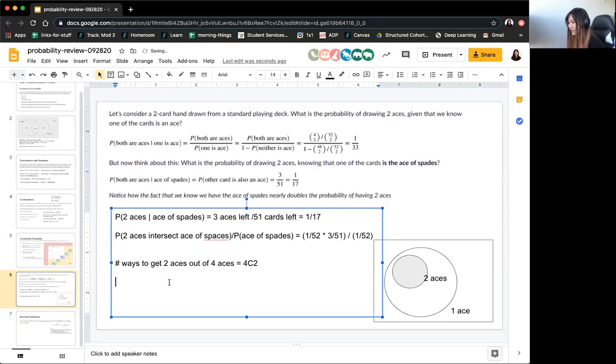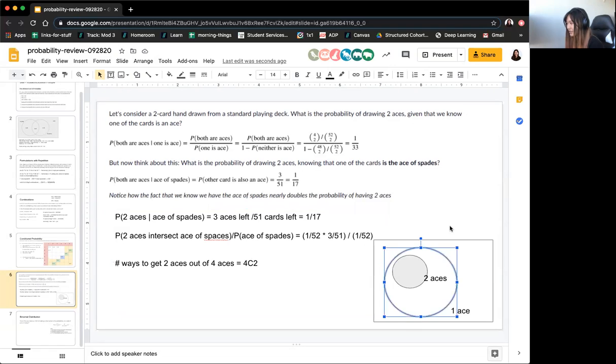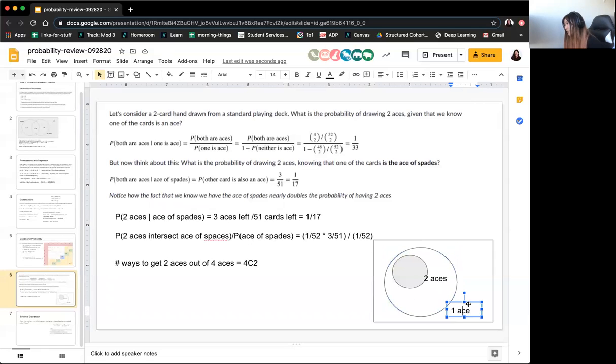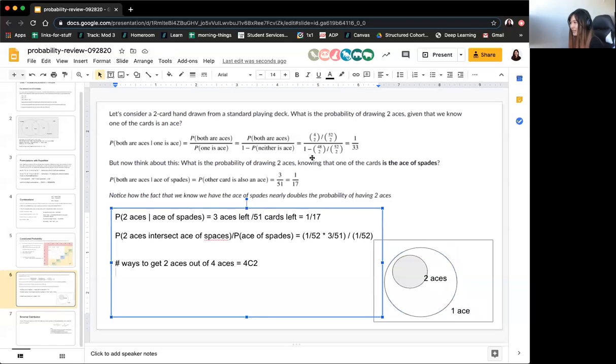And then with that, we want to think about the denominator. One thing that is a little bit tricky is the denominator in this case kind of includes the numerator, right? The denominator includes the numerator because every situation where you have two aces, you have one ace. So I think that's the part that's a little bit confusing here, as to why do they do one minus neither?